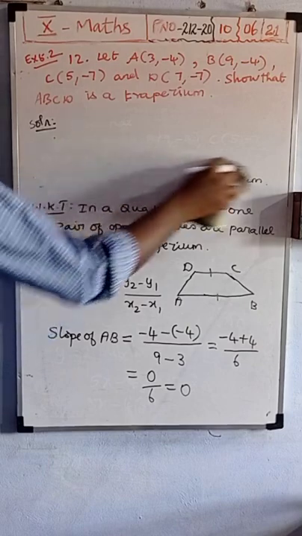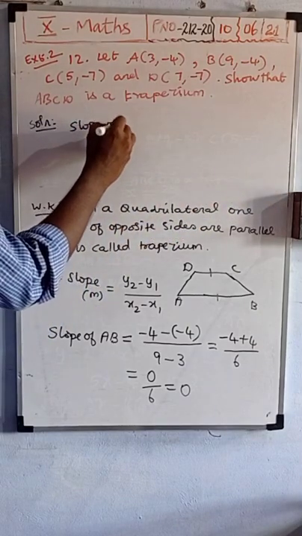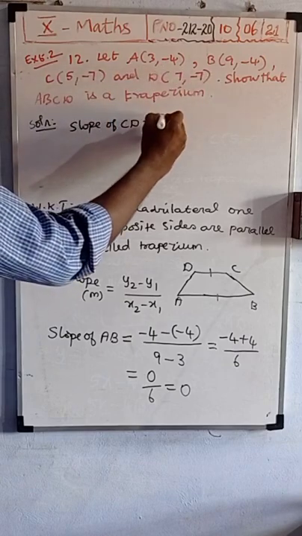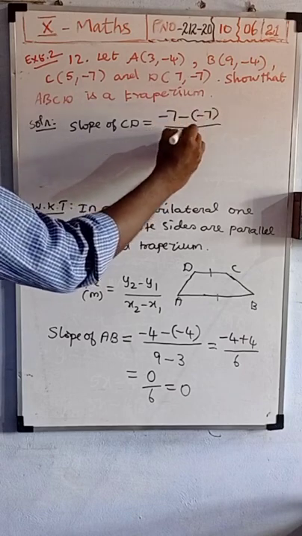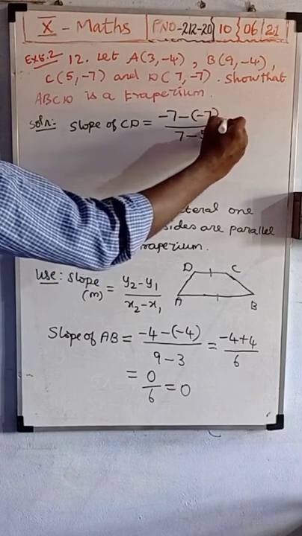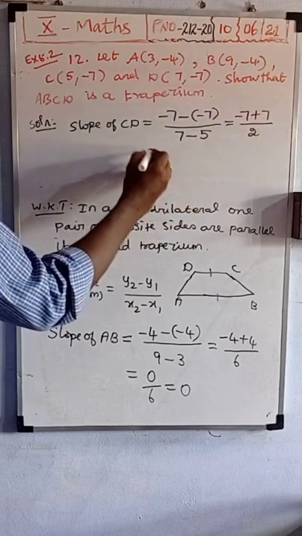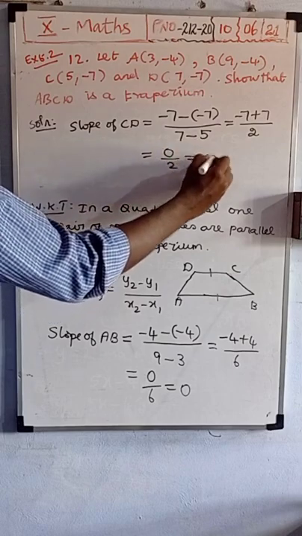At the same time we want to find the slope of CD. C point is x1 y1, D point is x2 y2. So minus 7 minus of minus 7, y2 minus y1 divided by x2 minus x1. So minus 7 minus into minus becomes plus 7, divided by 7 minus 5, which is 2. Minus 7 plus 7 is 0. 0 by anything is 0.